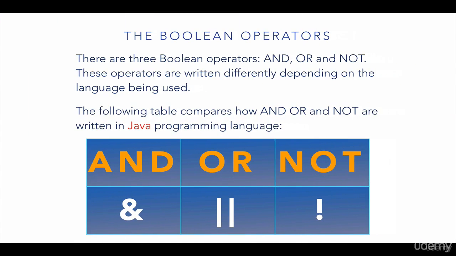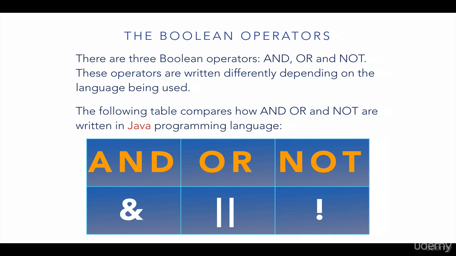So in this slide, I want to show you the symbols that we use for these three operators: and, or, not. For the AND operator, we just use the AND sign. You just need to press Shift plus the number 7 on your keyboard. For the OR operator, we use this sign here.